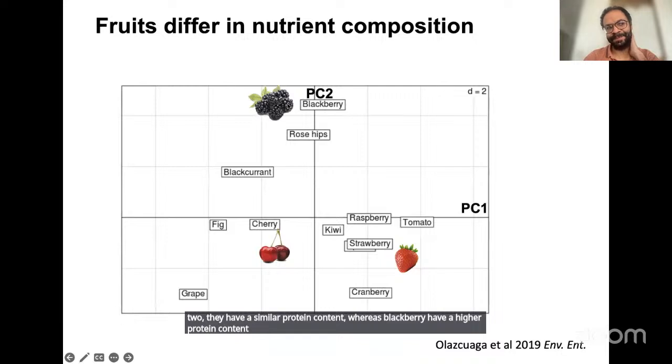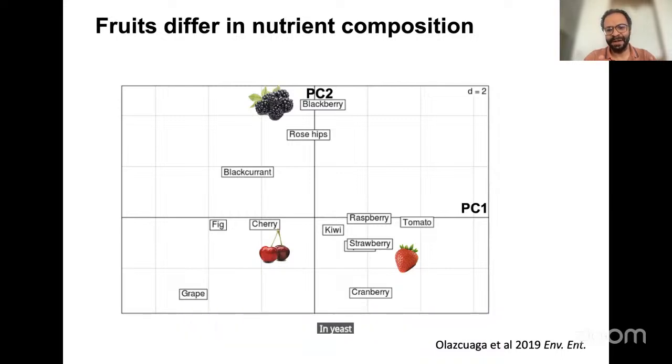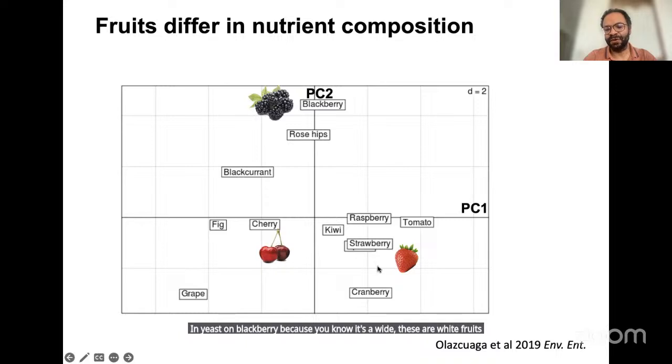Blackberries are in the wild. So these are wild blackberries, not cultivated blackberries, right? So maybe there is also more diversity in yeast on blackberry because these are wild fruits. Whereas these are crops, right? But it's only an assumption.